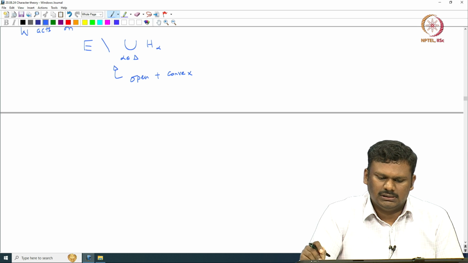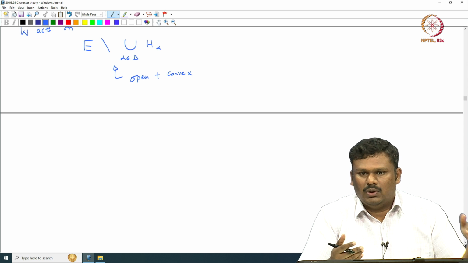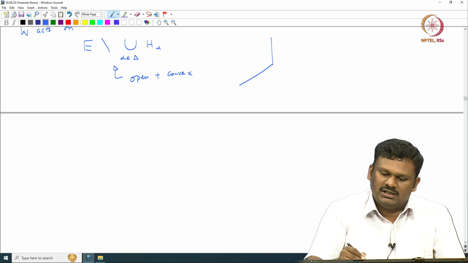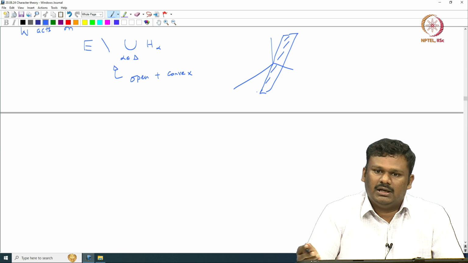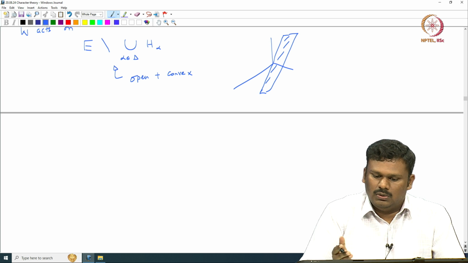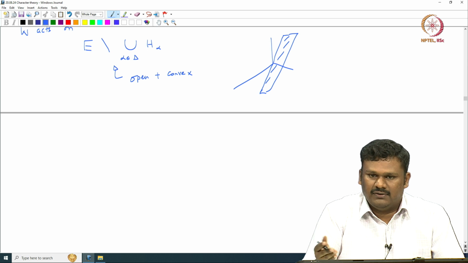Now we can look at this open convex set. It may not be connected, in fact it is not connected, because every time you are removing a hyperplane. Whenever you remove a hyperplane from the space, let us say one passing here, the space becomes two parts. We can talk about the positive side and the negative side defined with respect to alpha.